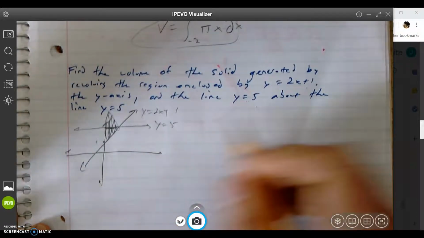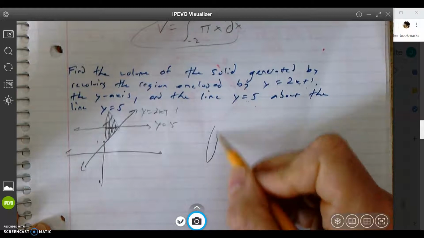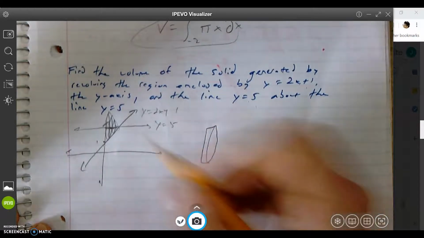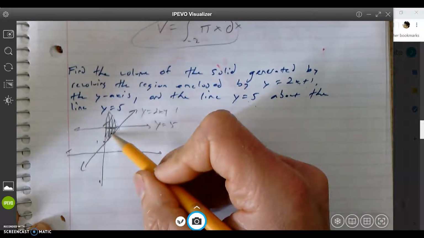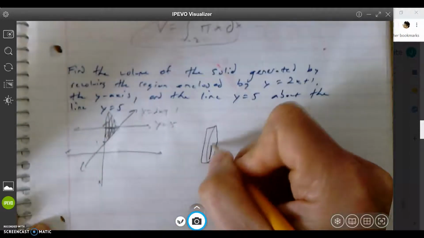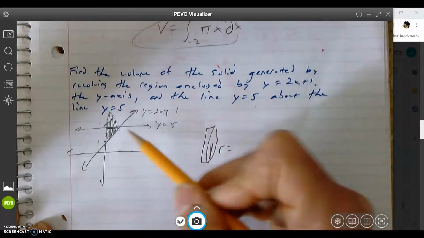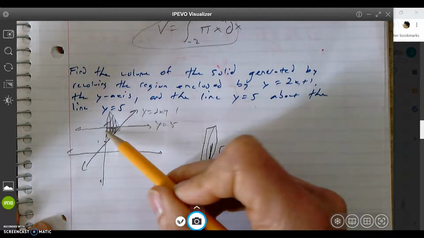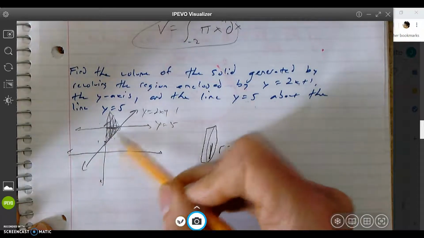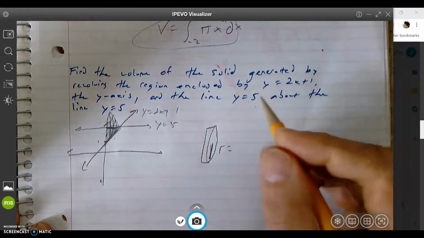So let's do a slice. There's a little slice. Where is the area we're talking about? That's on the bottom. So here's my radius on the bottom. And that's always top minus bottom. So the top is the line y equals 5, and the bottom is the diagonal line, which is the 2x plus 1 function.